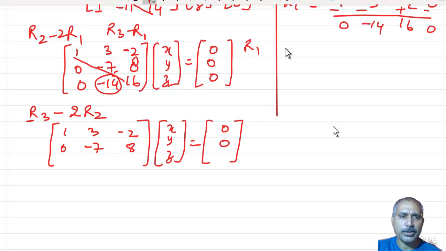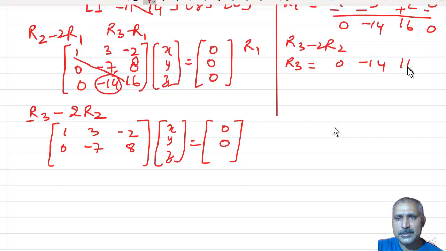Now we are doing the operation r3 minus 2 times r2. The r3 elements are 0, minus 14, 16 and 0. So 2 times r2 is 0, then 7 twos are 14 with the minus sign, 8 twos are 16, and 0 twos are 0.